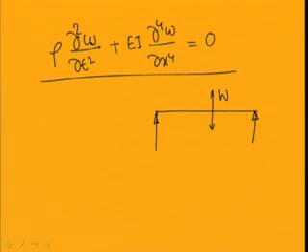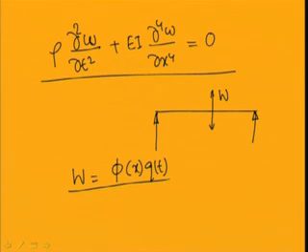This w is a function of x and t, and we have written it in terms of phi x and q t.